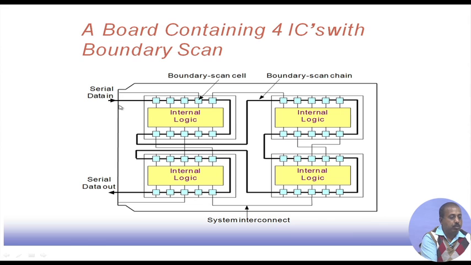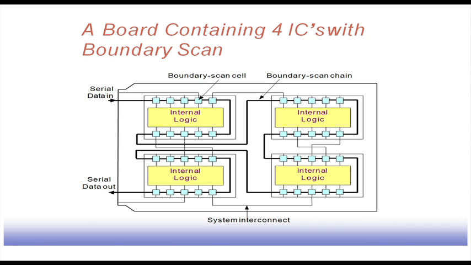So this particular chain traverses the entire board. Apparently it appears very costly to reach individual chips, but still it is much better than going by the logic of the circuit, and in most cases the logic of the circuit is not known, because we are buying the chip from the vendor.